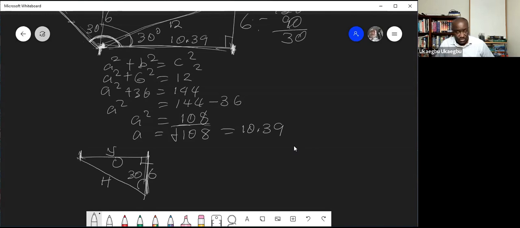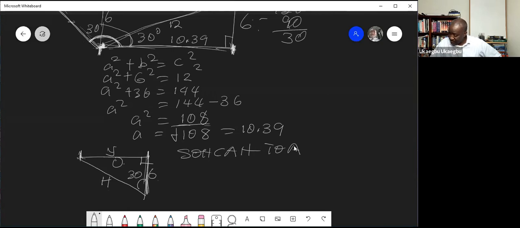Okay, so now that takes you back to your SOHCAHTOA. If you look at this, they're looking for opposite, but they have the angle, and they also have adjacent. They don't have hypotenuse.